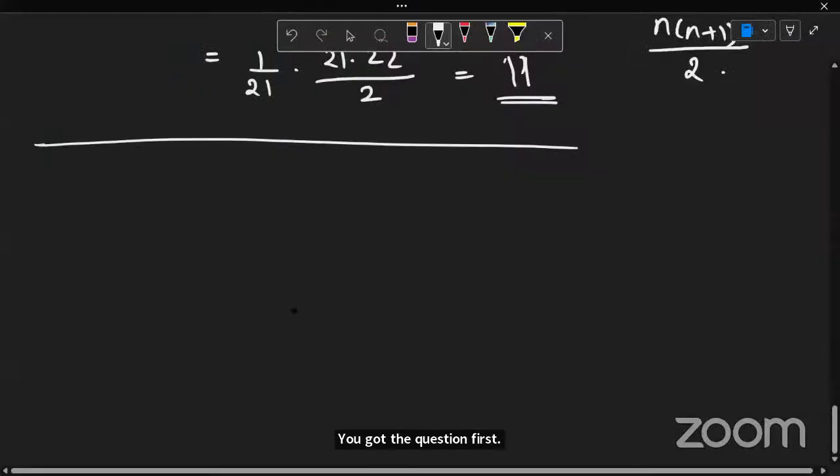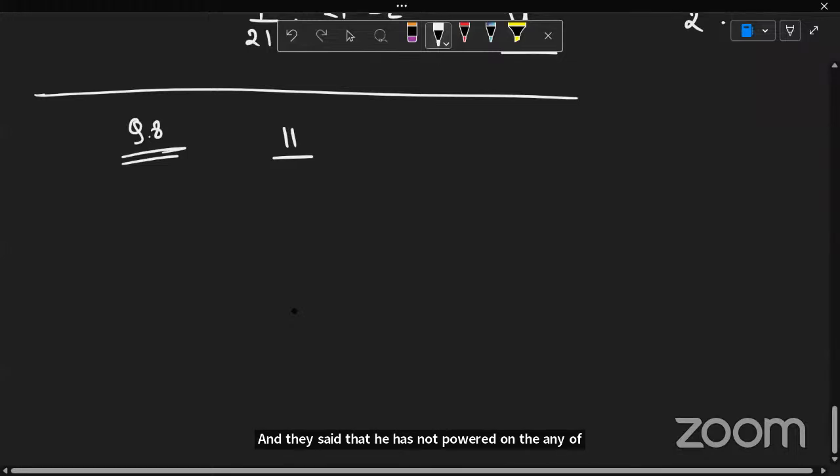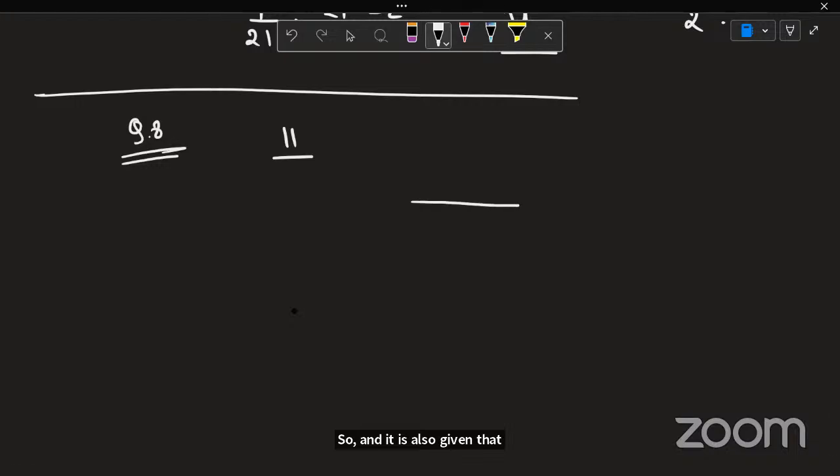So how many slots are there for parking? There are 11 slots, right? 11 slots. And they said that he has not parked on any of the corners. Let's say these are the parking slots, and this is the corner side, so he cannot park here.